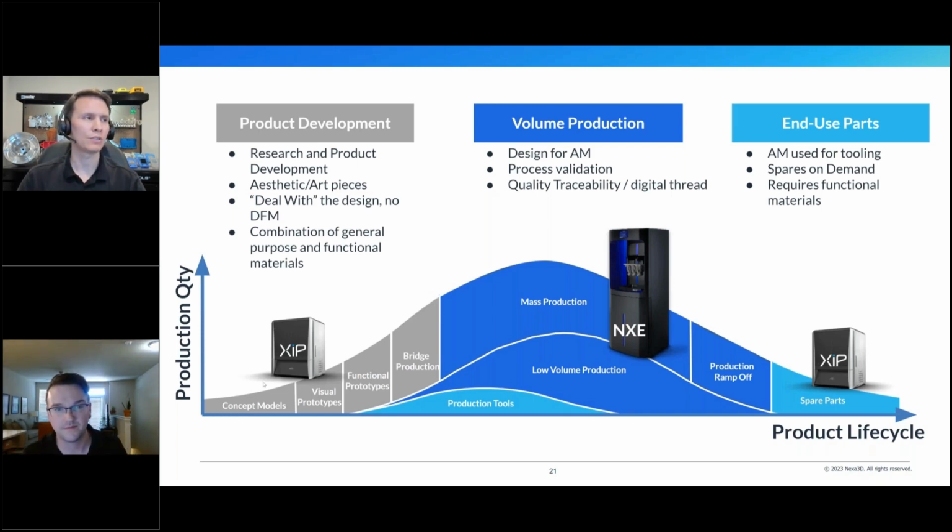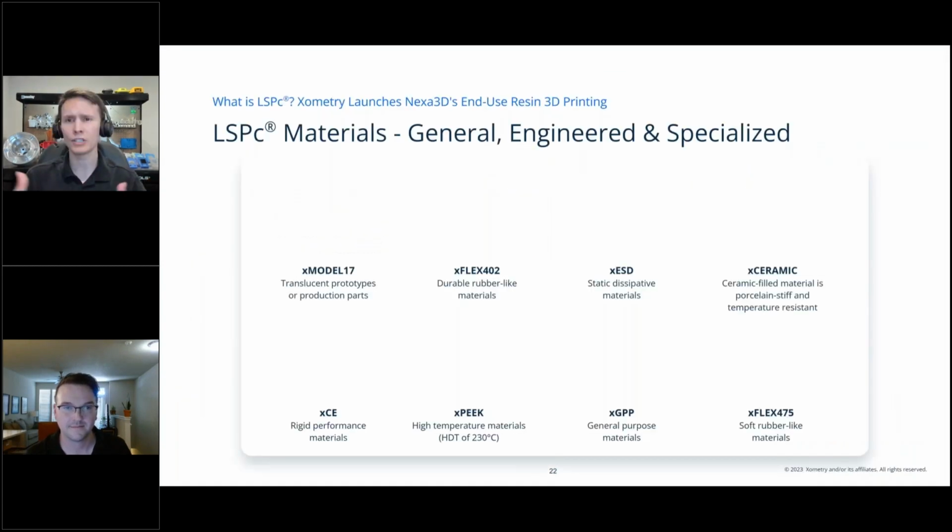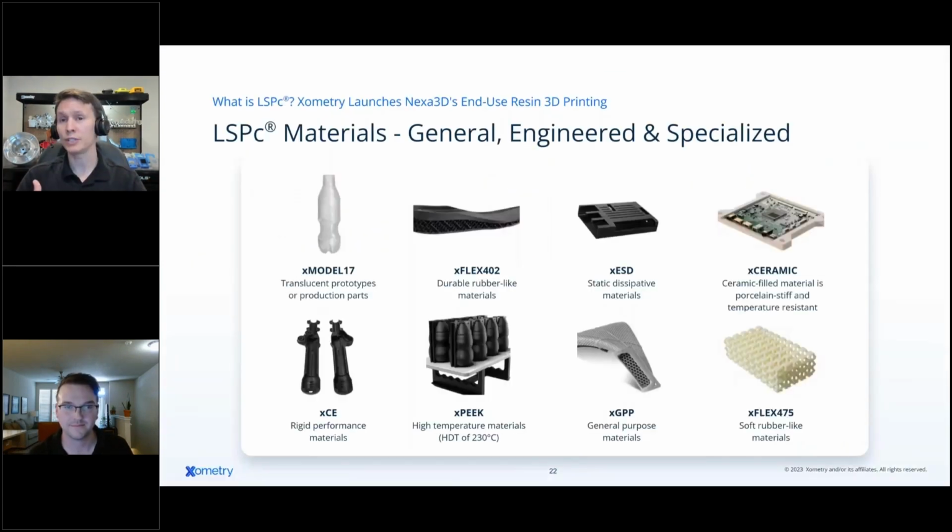So this is great to see, and this is kind of where the Nexa3D technology comes in. Your experience, if you're looking to get some parts made through Xometry, you're going to be focused on the process, but also the materials that you have. This next section is highlighting the materials that we offer, and we have some general groupings of them: general, engineered, and specialized items, and then rubber-like materials, which I separate out as well.